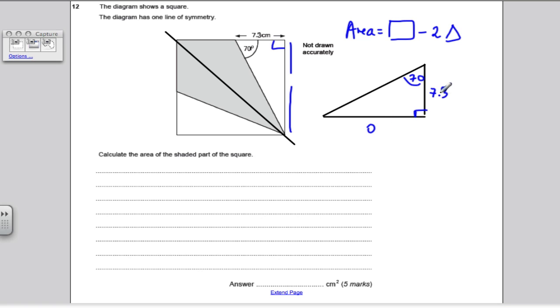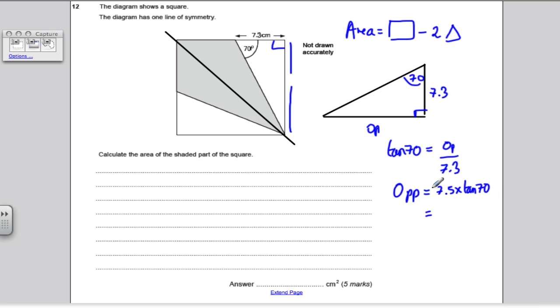We've got the adjacent. What trigonometric formula relates the angle, the opposite and the adjacent? Well, tan does. You know that tan 70 must be opposite, I'm going to call that OP not to confuse it with 0, over 7.3. So rearranging this equation, the opposite must be equal to 7.3 times tan 70.